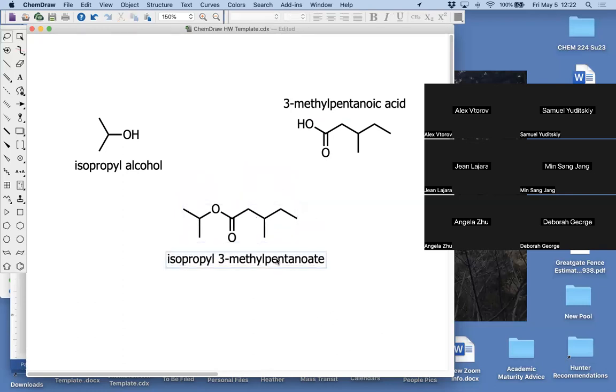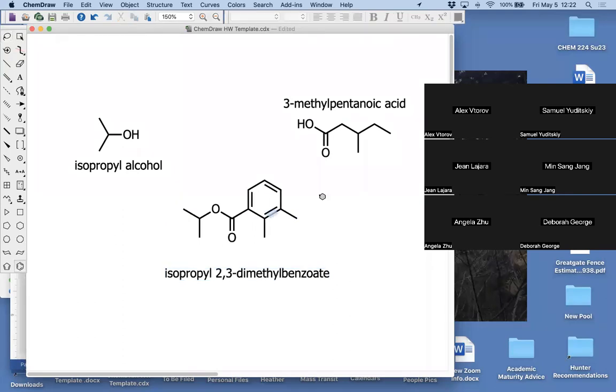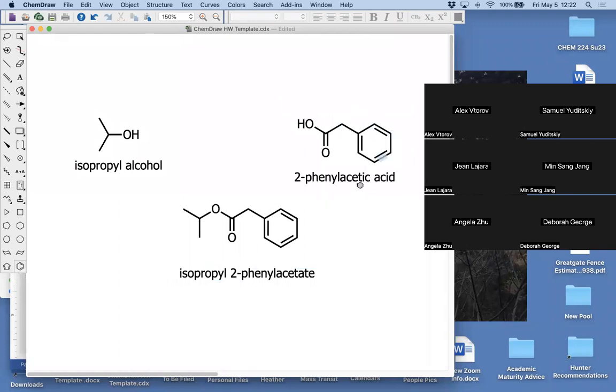Oh, it's Ariana that asked. And you know, it can get a lot more complicated looking. But this is 2-phenylacetic acid. This is isopropyl 2-phenylacetate.